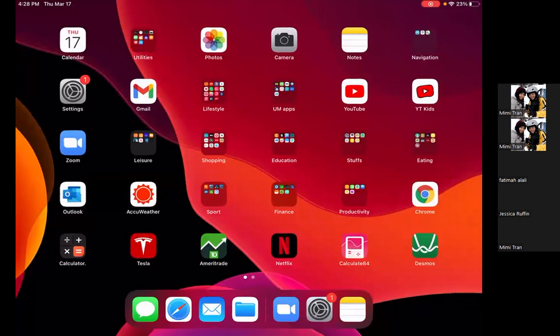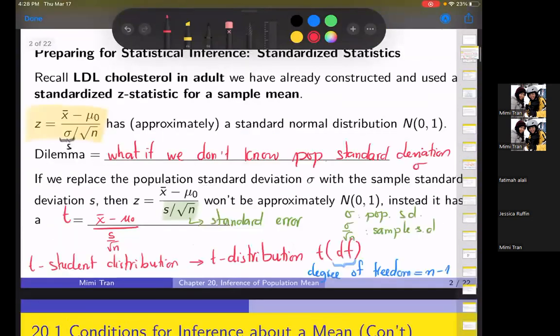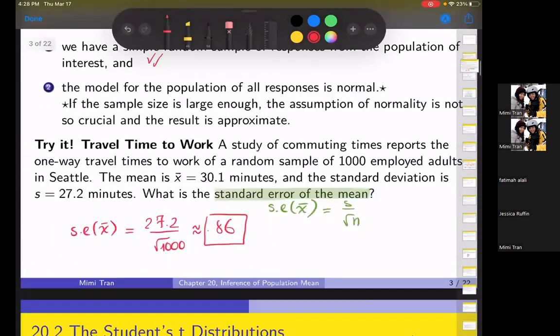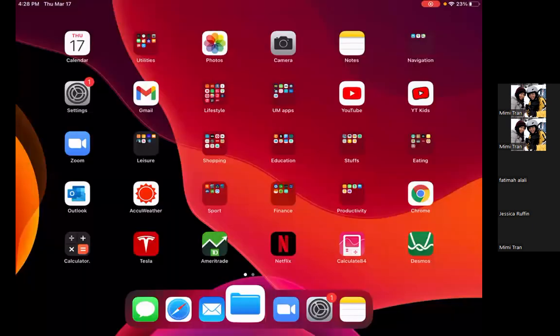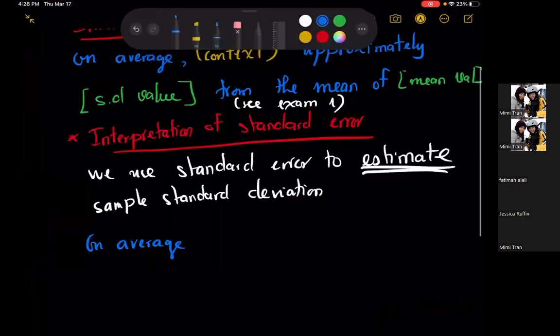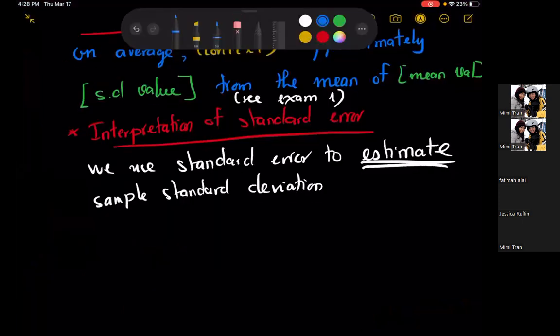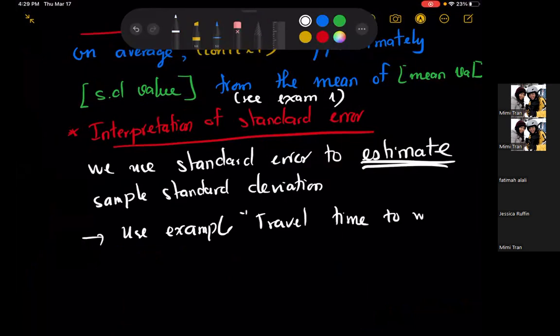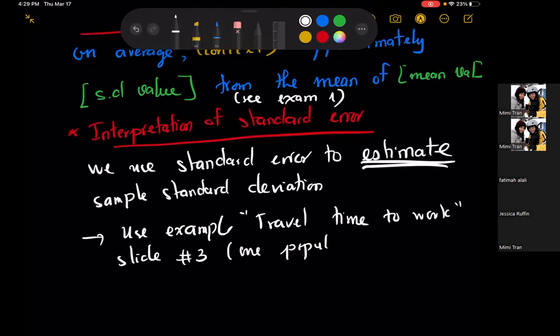Let me see what slide that is so I can put it in the notes. Slide number 3, travel time to work. On average, new example. Travel time to work, slide number 3, one population.